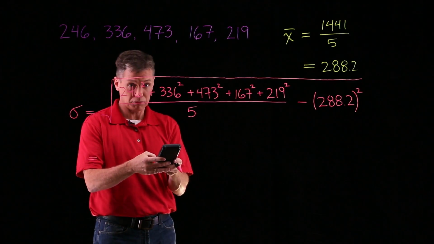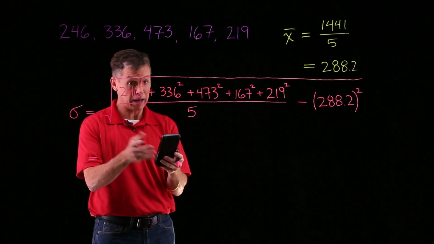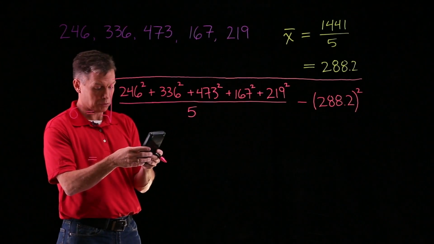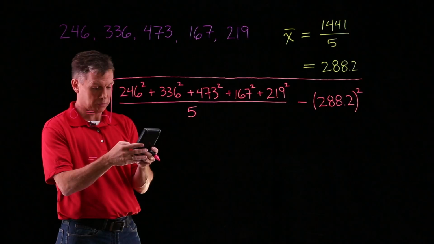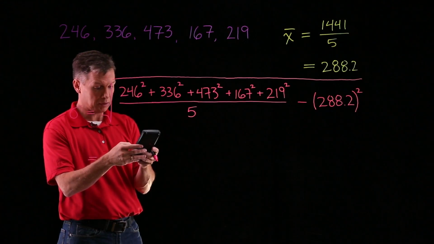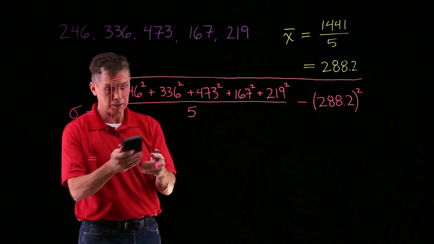But first, the numerator: 246 squared, plus 336 squared, plus 473 squared, plus 167 squared, plus 219 squared.